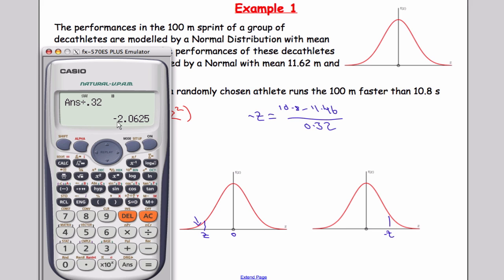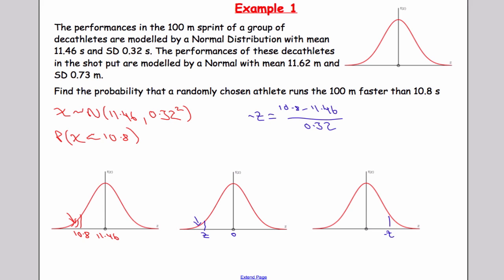That gives me minus 2.0625. Let's just double check. 2.0625. Excellent.